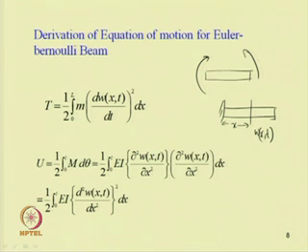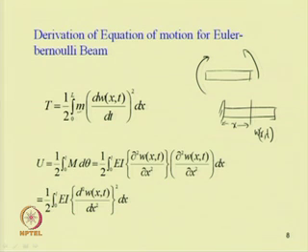One can find the equation of motion by using the extended Hamilton principle, or by using the simple Hamilton principle in the case where there is no non-conservative force acting on the system. Here the kinetic energy can be written as half.